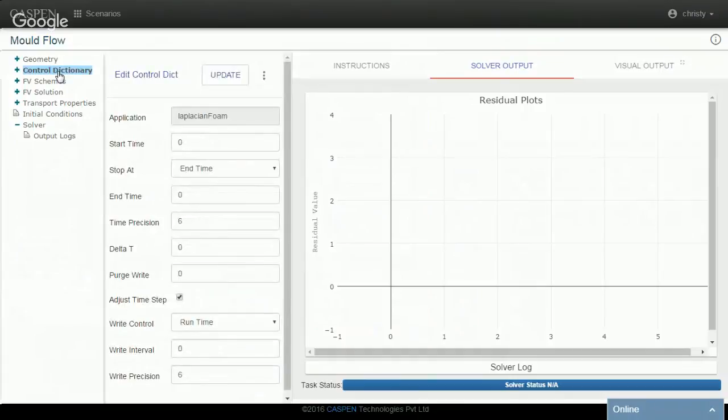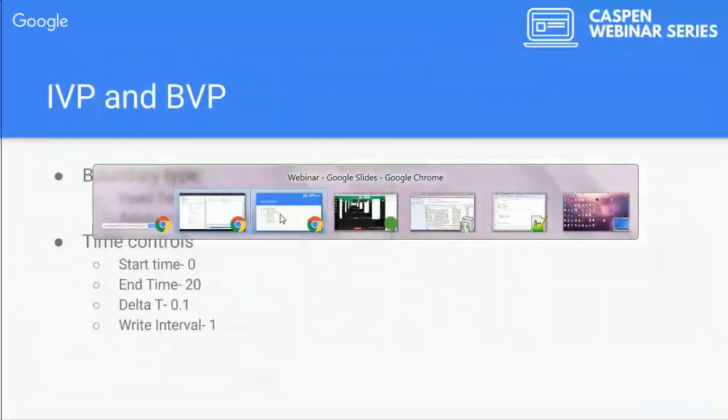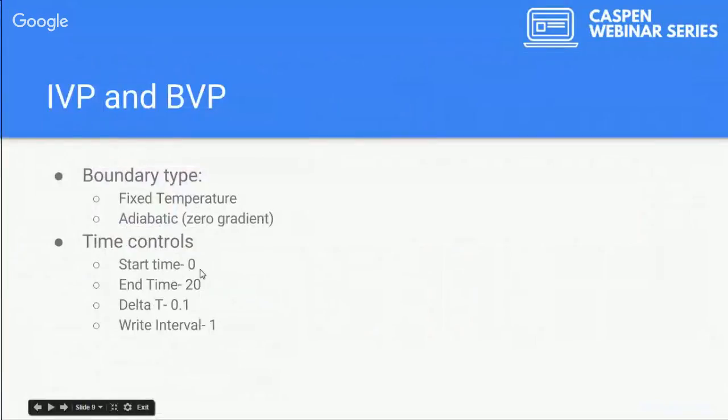So let's go back, and I have set 4 important inputs for the time control, which is the start time, the end time, the delta t, and the write interval. So the start time is, we should understand that this is the calculation time, or it's also called time marching.